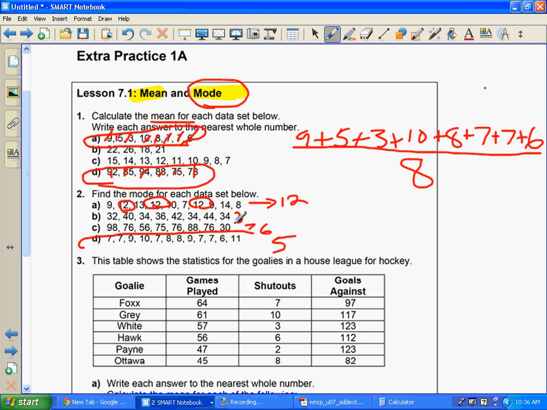So 34 is your mode. If you have maybe two numbers that show up the same amount, then you might have two modes, like 34 and 36. And sometimes they'll all show up the same amount. In that case, you would not have a mode.